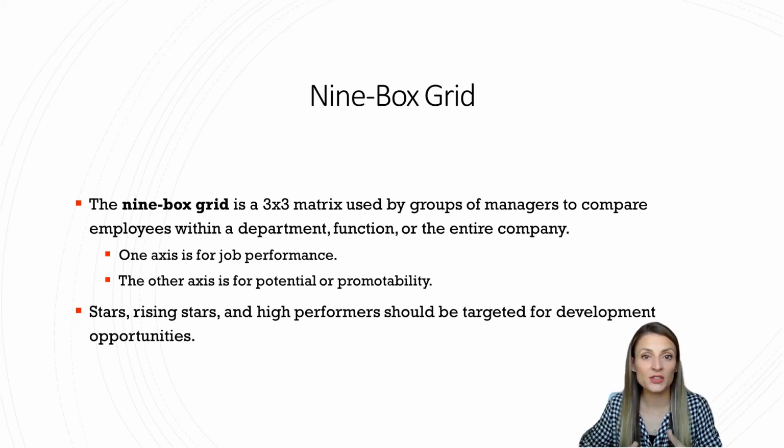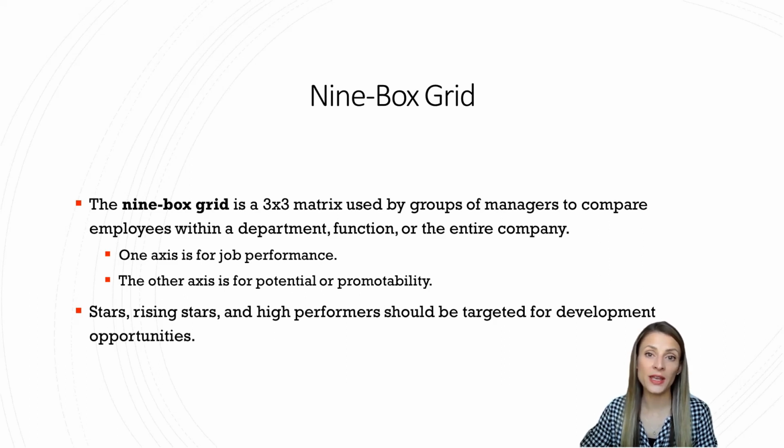The comparisons are usually done by managers who have periodic discussions about succession planning throughout the year. Employees are typically rated across 2 dimensions: their current job performance and their potential for the future, their promotability. Ratings can be tracked and assessed with technology.